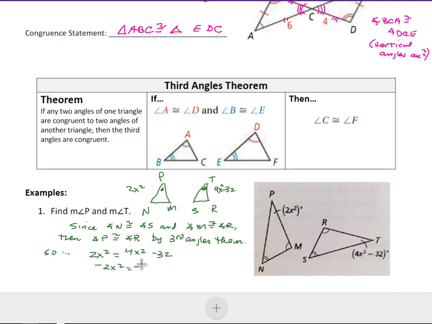Divide both sides by negative 2, we get x squared is equal to 16, which means that x is equal to 4. And to find the measure of angle P, then 2 times 4 squared is 2 times 16, which is 32.